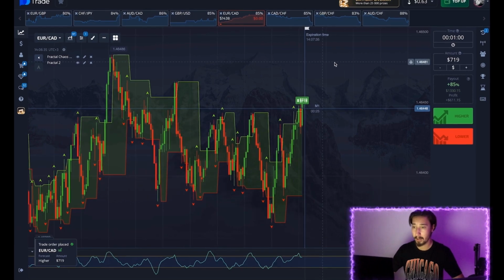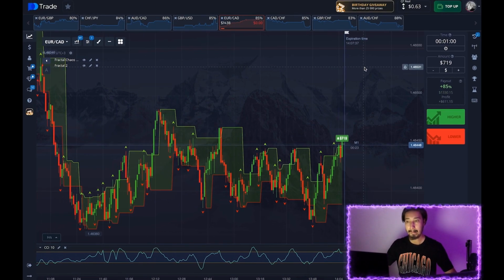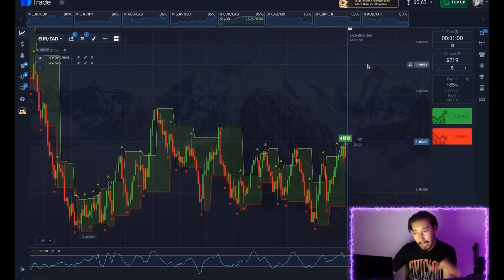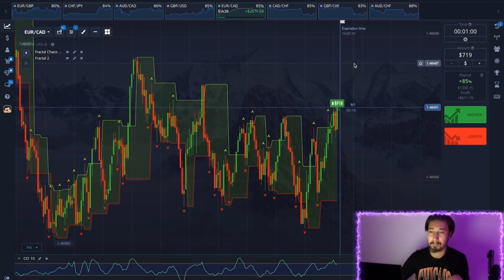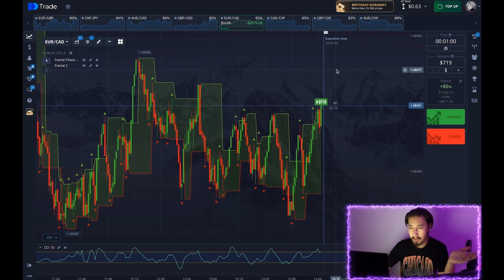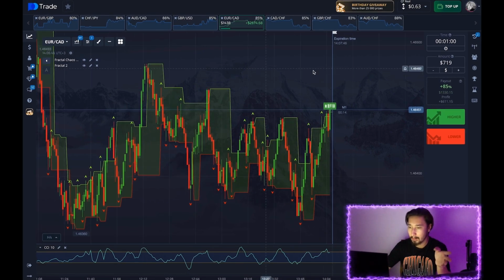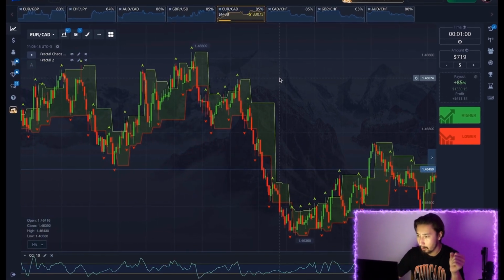Alright, 2 long positions, guys, here. Here we have a relatively good entry. Previously the trend dynamics were downward, right?